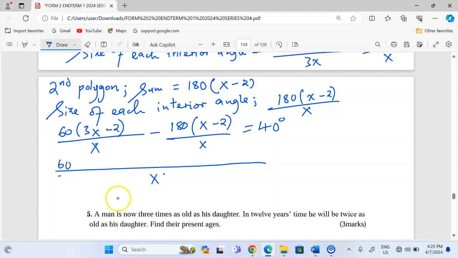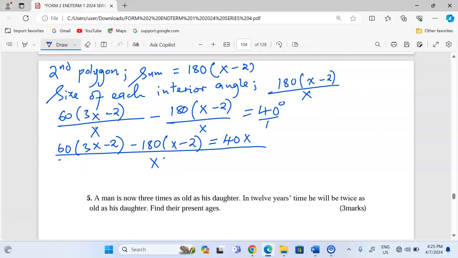So it will be 1 times 60 into 3x minus 2, minus x divided by x becomes 1, so it will be 1 times the numerator, which is 180 into x minus 2. This is equivalent to 40, which is obviously over 1. So x divided by 1 gives us x times 40. We get 40x. So now we can do away with the LCM and continue simplifying.